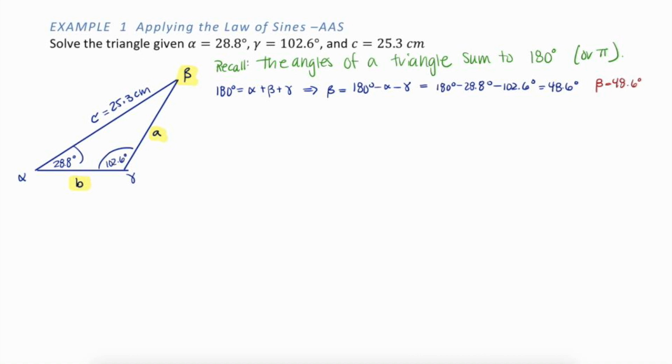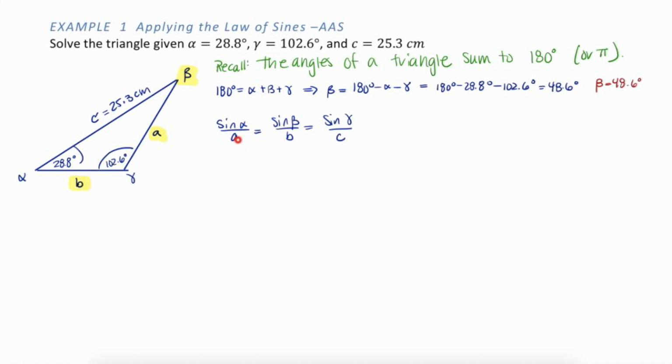Let's solve for side A and side B now using the law of sines. We know that sine of alpha over A equals sine of beta over B equals sine of gamma over C. And I can use any of these that I want to solve. If I want to find the length of side A, I can use either this or this expression.